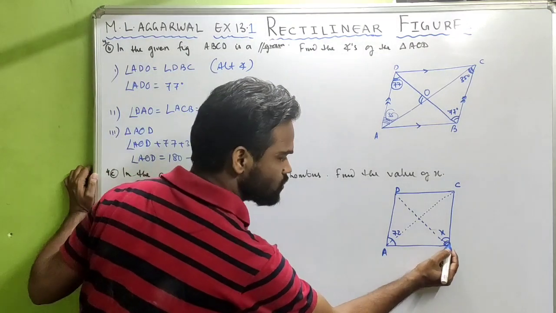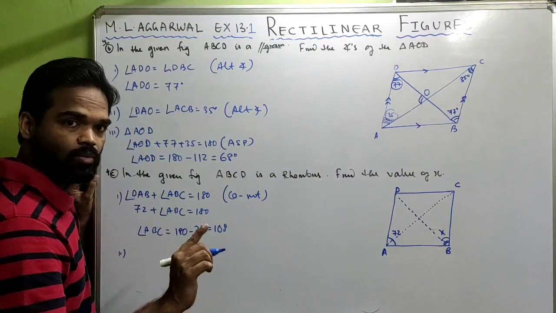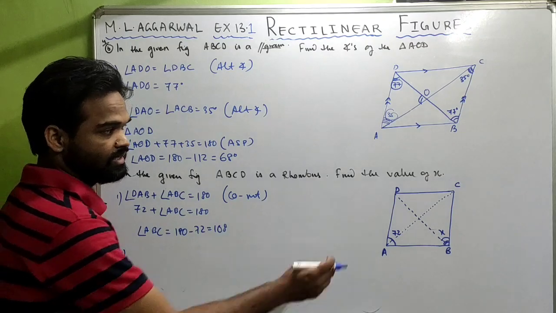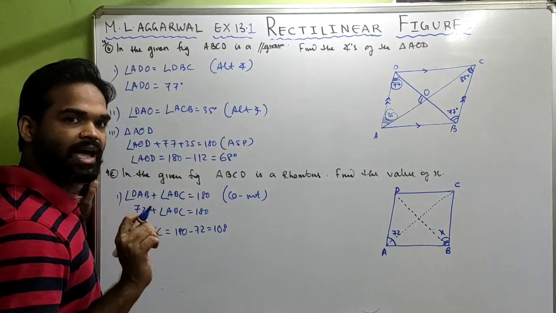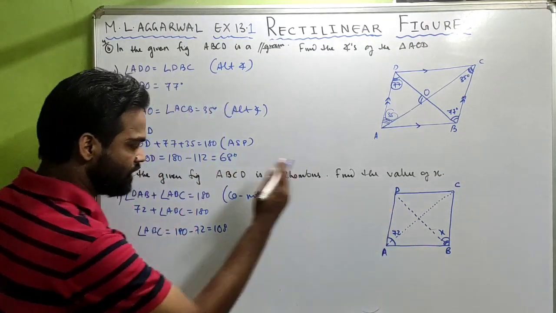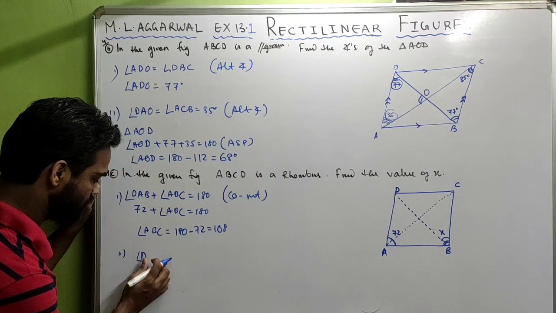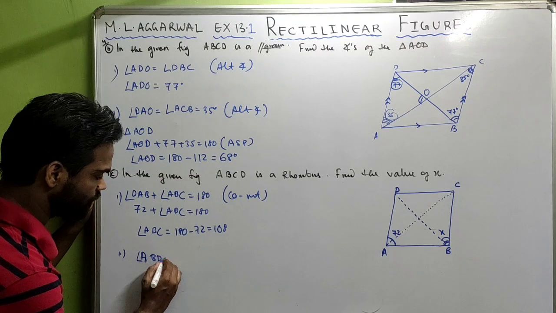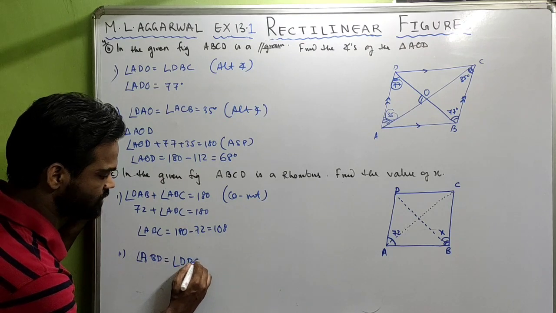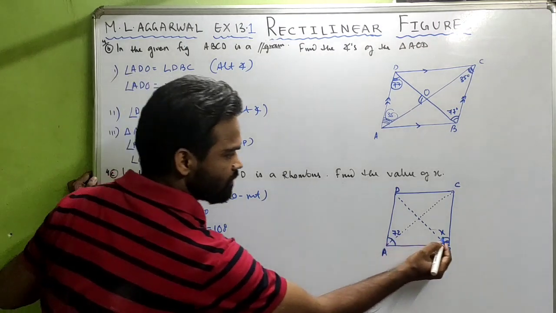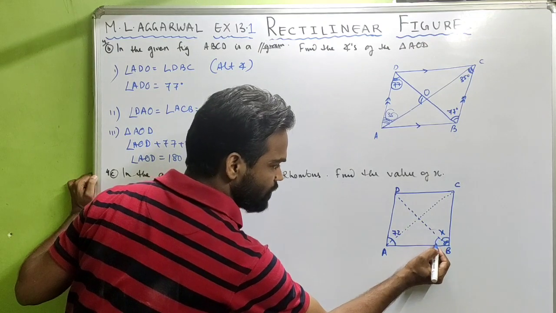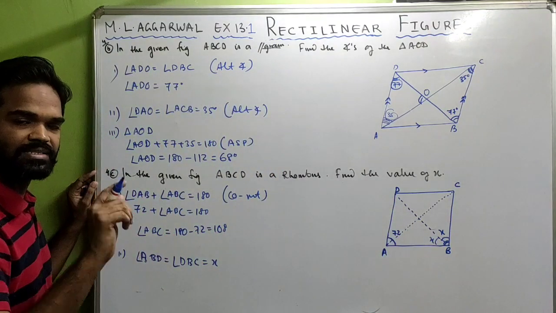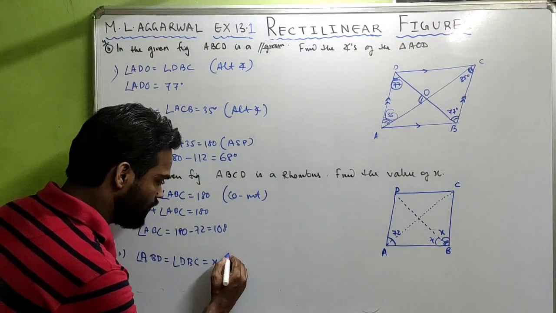So the whole angle is 108, and we know in a rhombus the diagonal bisects the angle, which means angle ABD will be equal to angle DBC, will be equal to x. If this angle is x, then this part will be x, because the diagonal bisects the angle. Why?